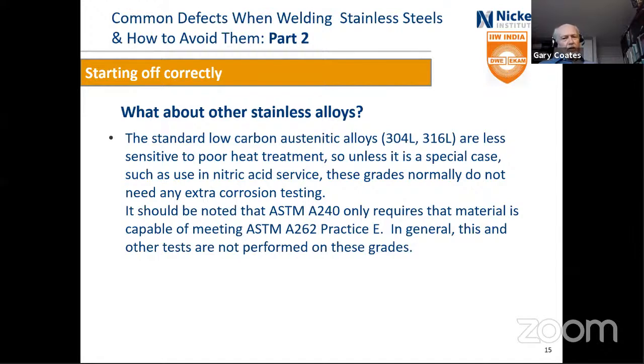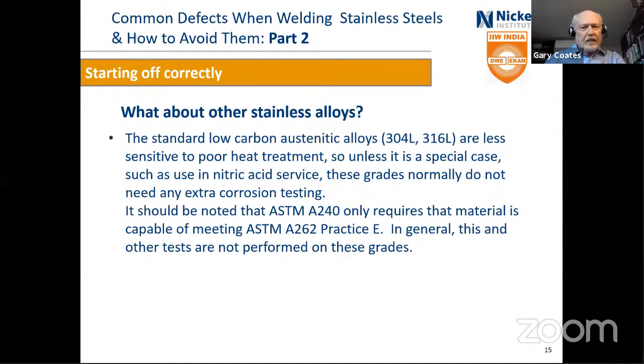It says the material is only capable of meeting a test, A262 Practice E, or the Strauss test, a copper sulfate test. So in general, these are not done, but if you do have a special case where it's a severe corrosion environment, it may be beneficial to add some extra testing requirements.